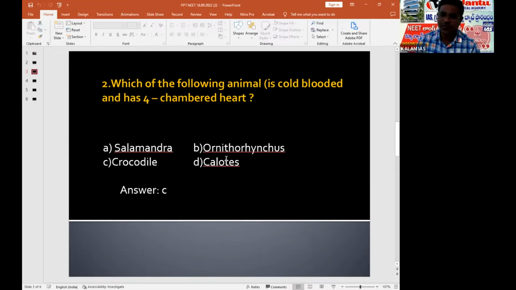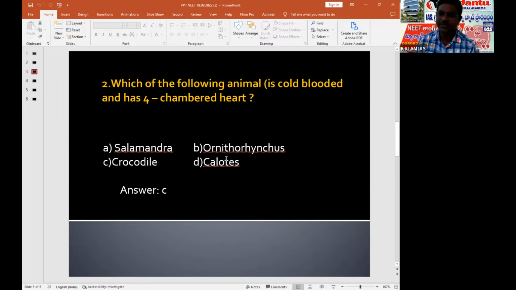The options are salamander, Ornithorhynchus, crocodiles, and so on. Here most of them are cold-blooded and some are warm-blooded. The question is, among the cold-blooded animals, which has a four-chamber heart?